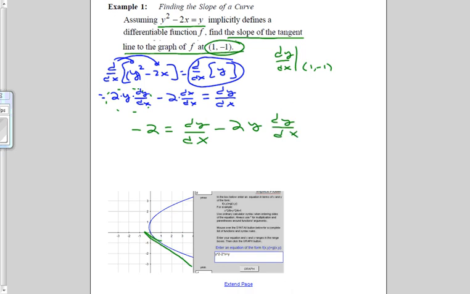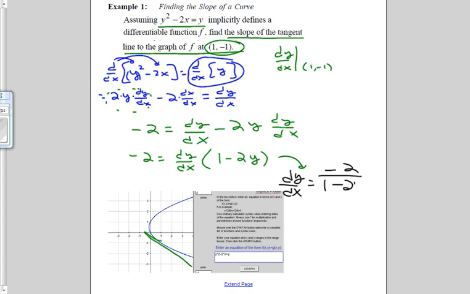Frequently throughout these problems, there's going to be factoring involved. So this equals negative 2. Well, this simplifies to negative 2 equals factor out dy/dx, and what we have left is 1 minus 2y. So dy/dx, if we divide, is negative 2 over 1 minus 2y.